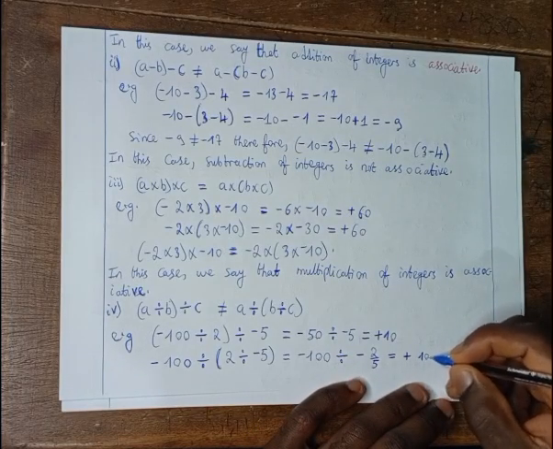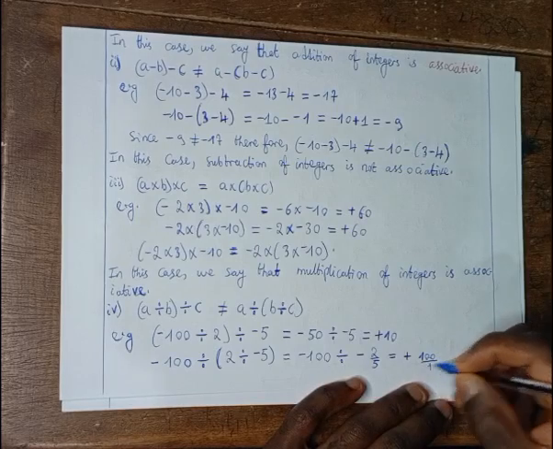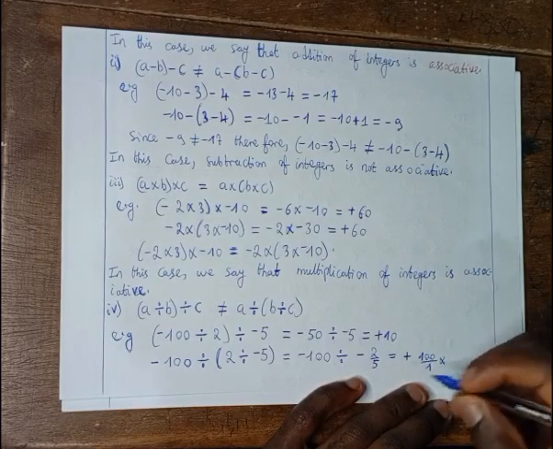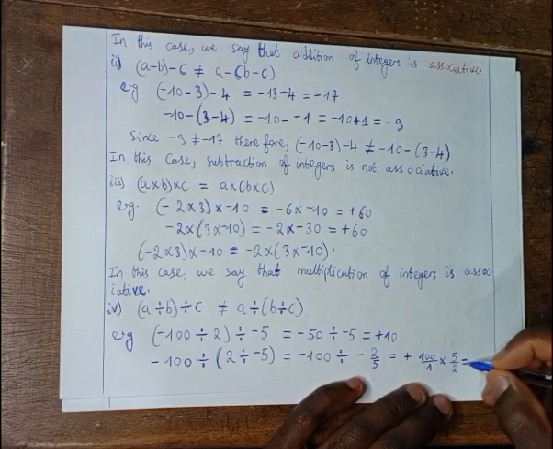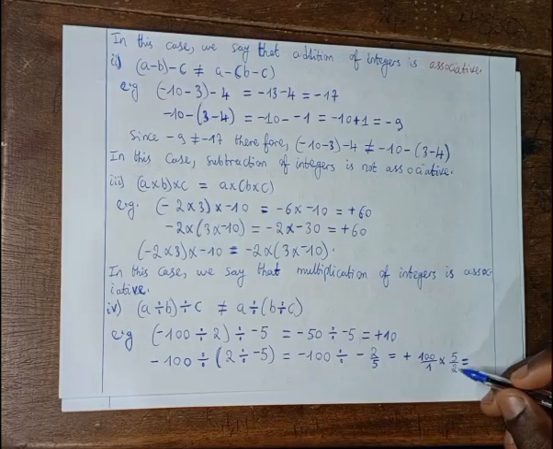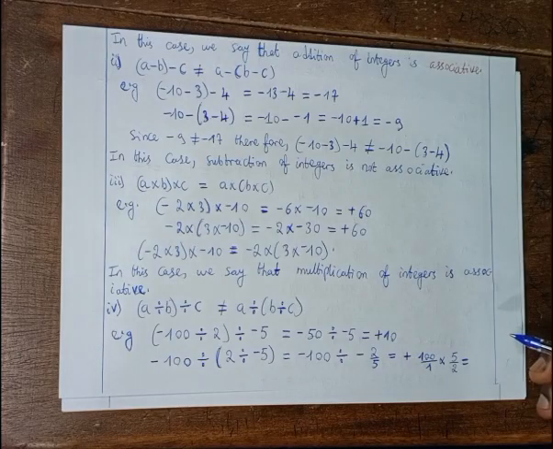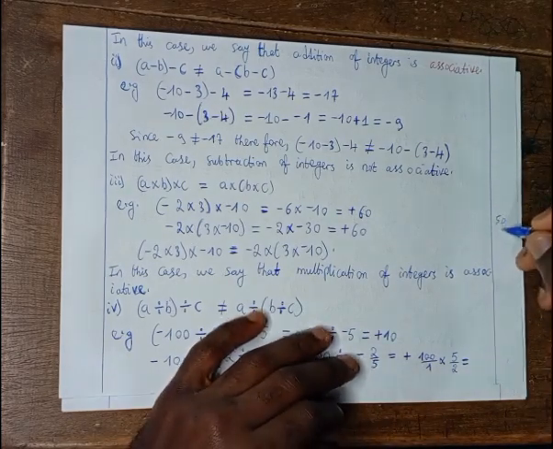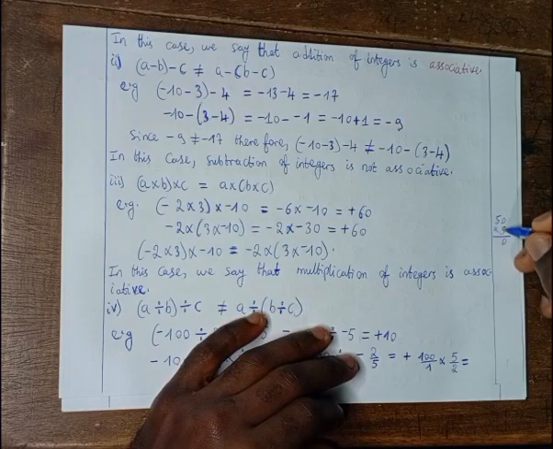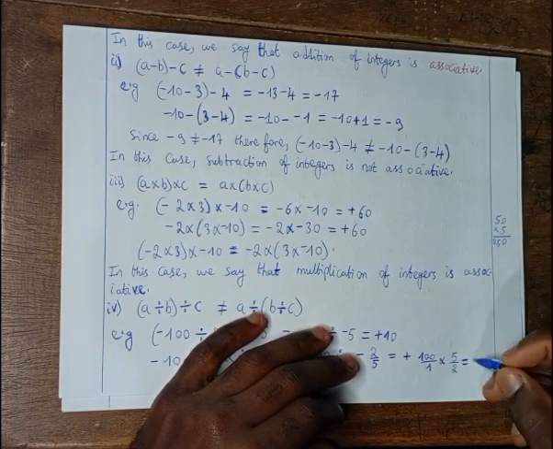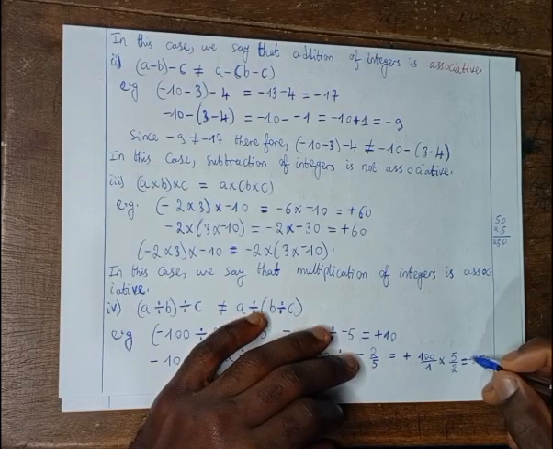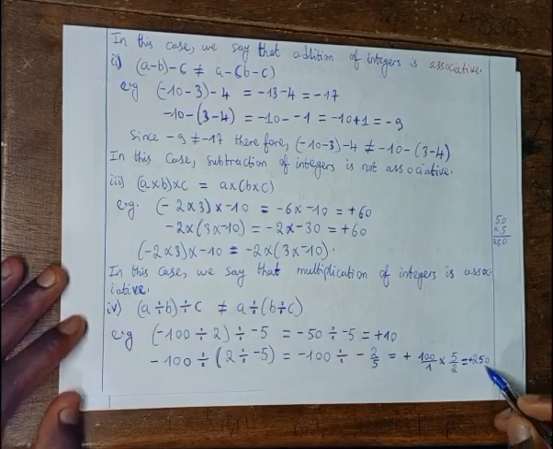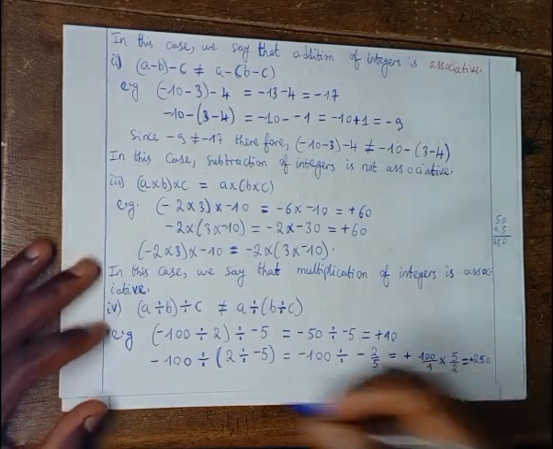So this will simply give us 100 over 1 times 5 all over 2. So this will give us, if we simplify, 2 goes into 100, 50 times. So we are going to take 50 times 5. If we multiply 50 by 5, this will give 250. Positive 250. You will see that positive 250 is not the same as positive 10.